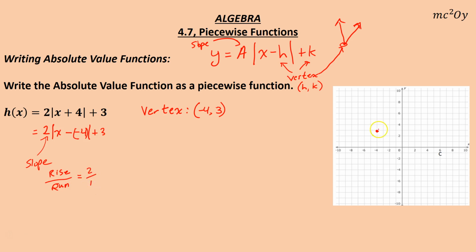So as I'm going out, I'll go up 2 and over 1, up 2 and over 1, up 2 and over 1. So I have a line that hits all these points. And then up 2 and over 1 this way, they just reflect over. So I have a line that goes the other way also.